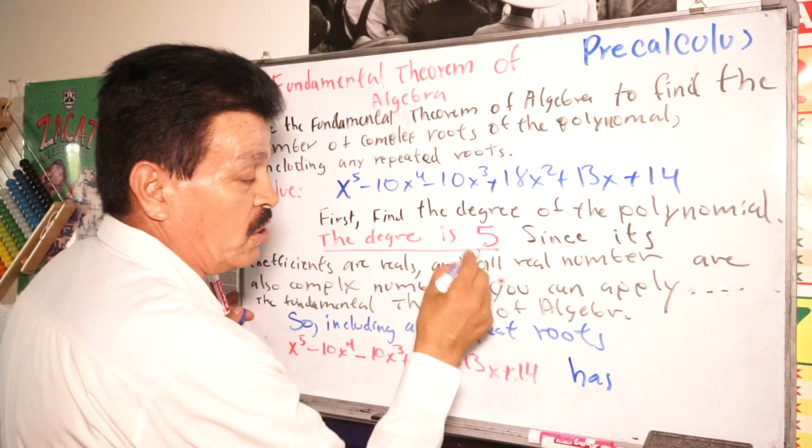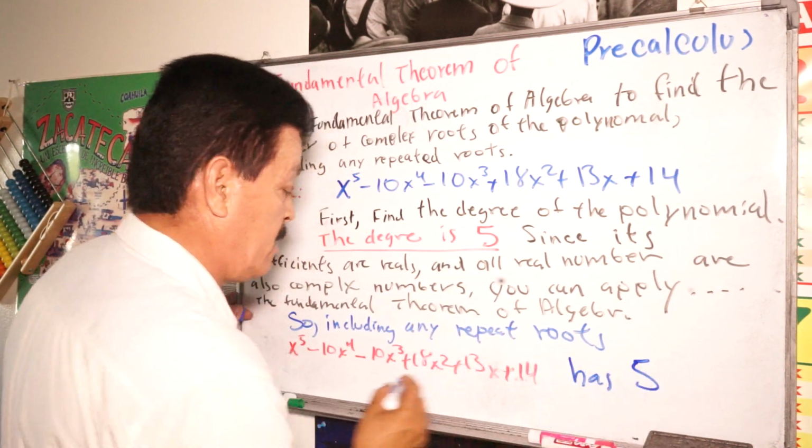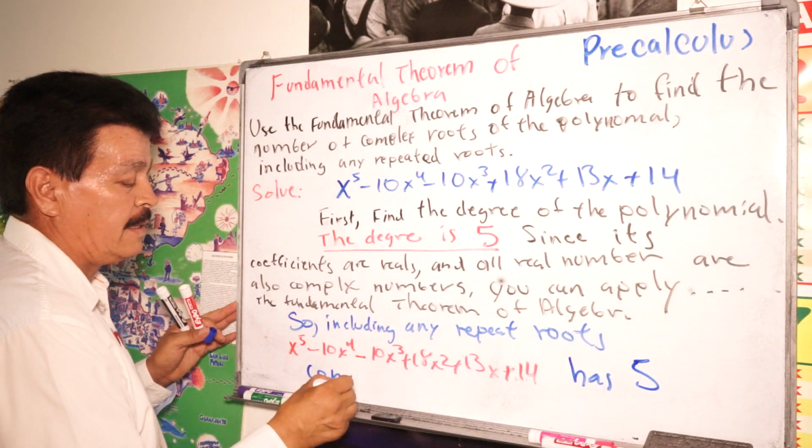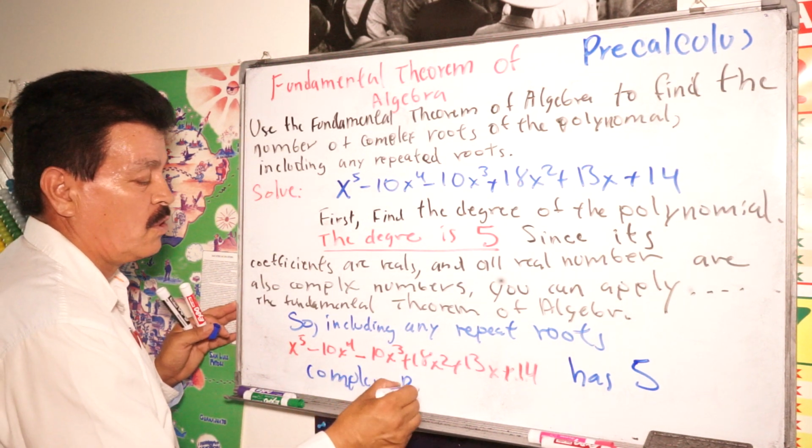Since you see the degree is five, it has five complex roots.